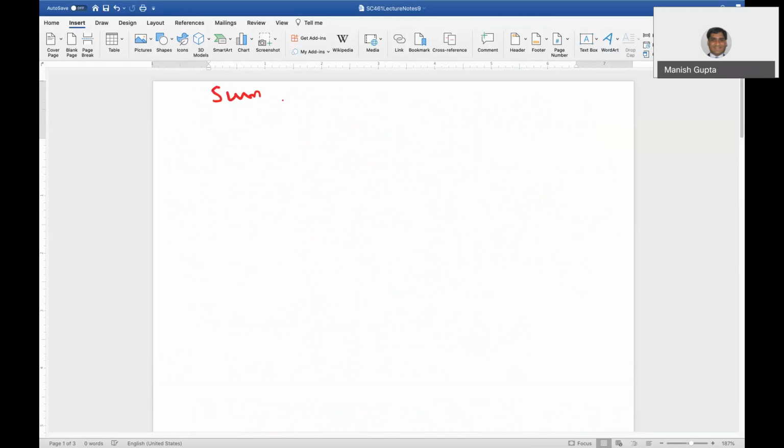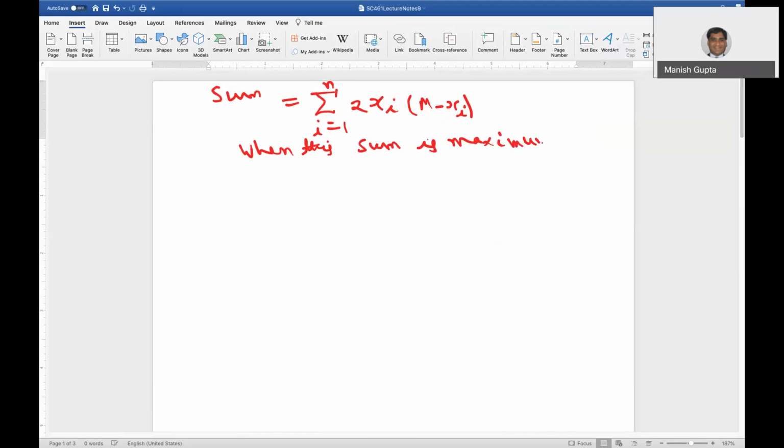Double sum is summation i is equal to 1 to n, 2 times xi times capital M minus xi, and when is this sum maximum?